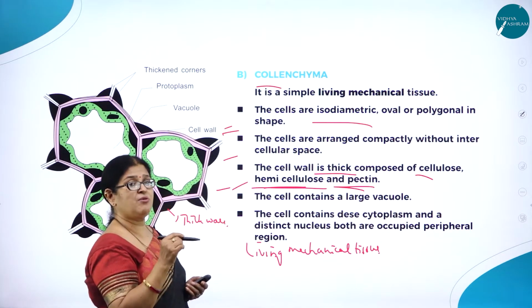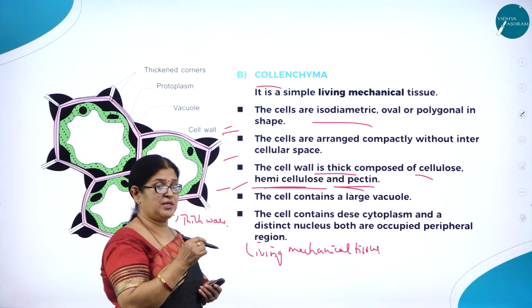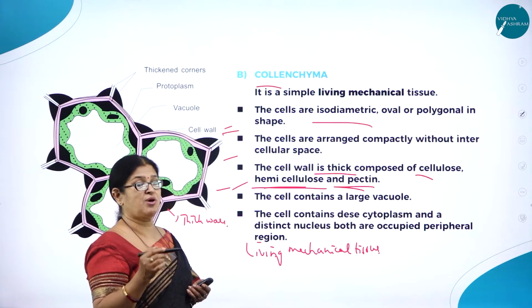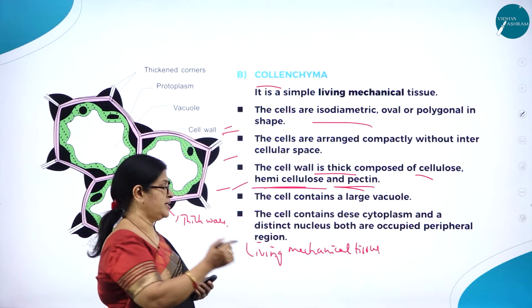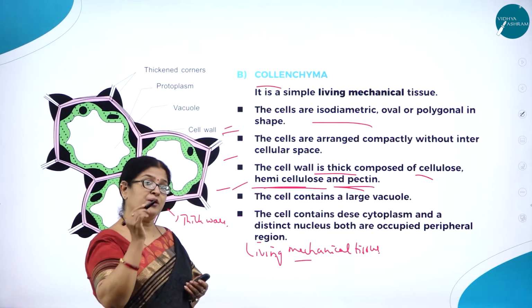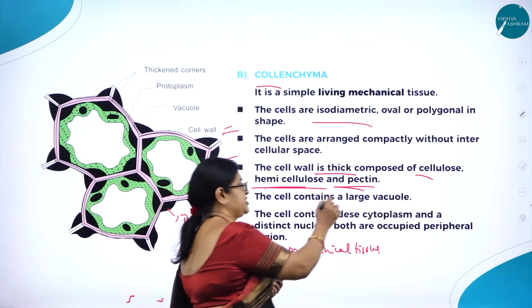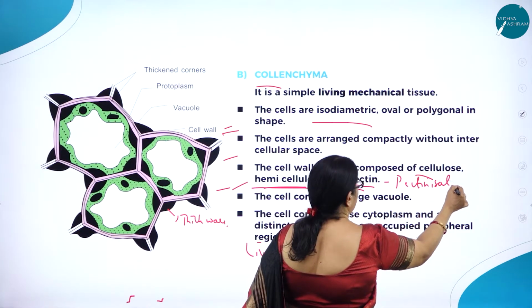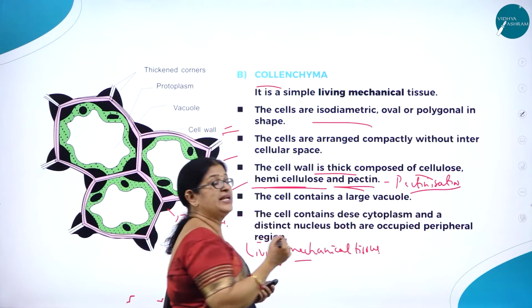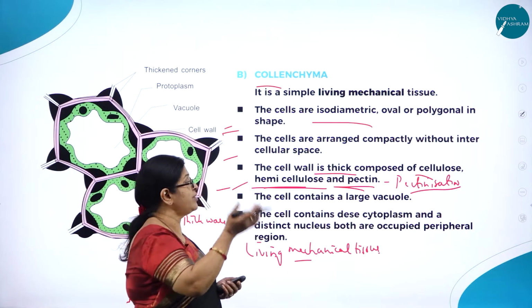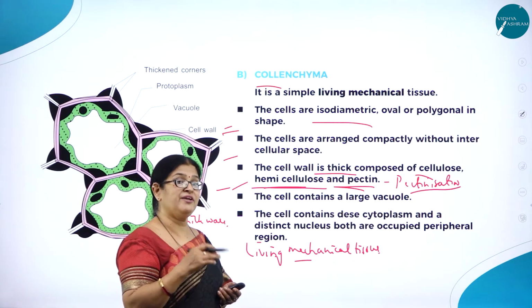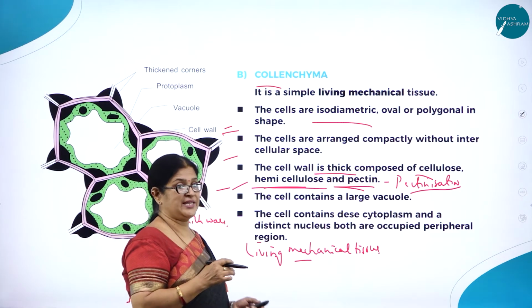The primary cell wall material is cellulose and hemicellulose. There is an additional deposition of another chemical substance called pectin, which helps to give mechanical support. That process is called pectinization. Lignification is the deposition of lignin over cellulose and hemicellulose in case of sclerenchyma. Here it is called pectinization.